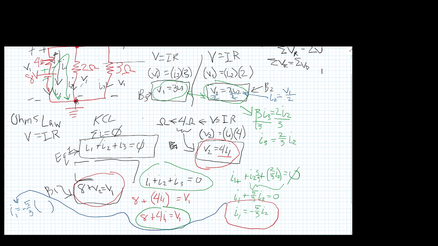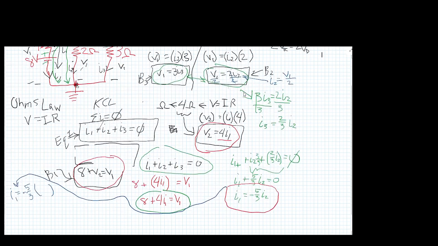This cancels, and we're left with I sub 2 is equal to V sub 1 over 2. So now let's substitute that in here, and we're left with V sub 1 over 2. And now we can solve for our I sub 1, and we get negative 5 over 6 times V sub 1.